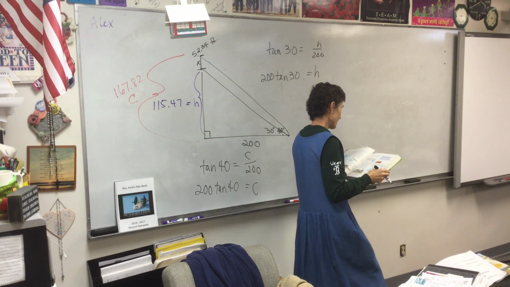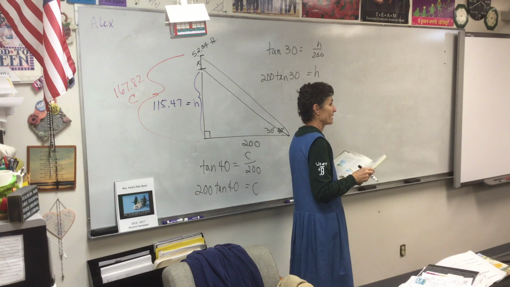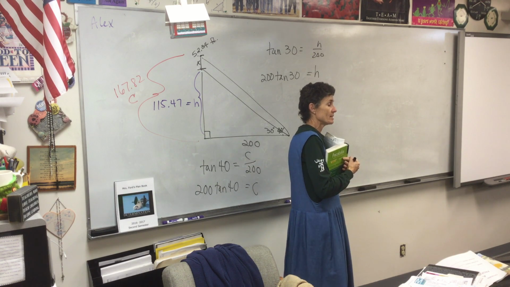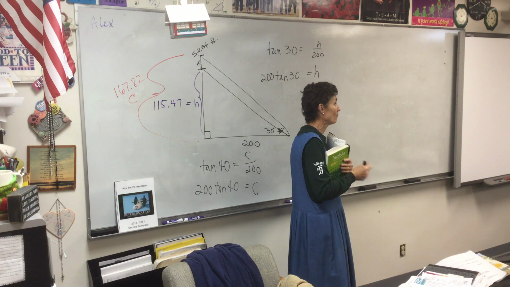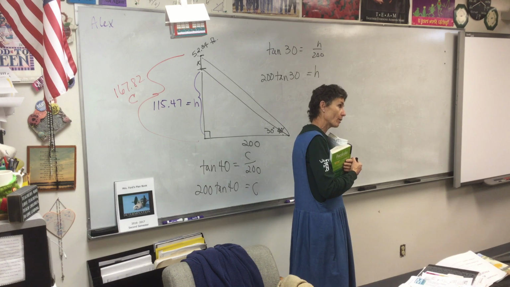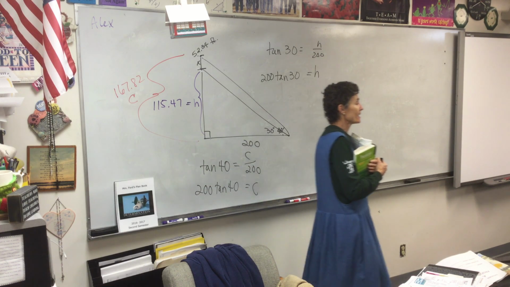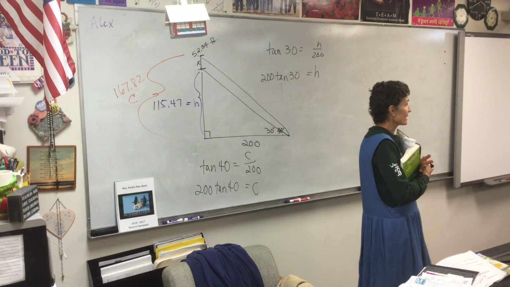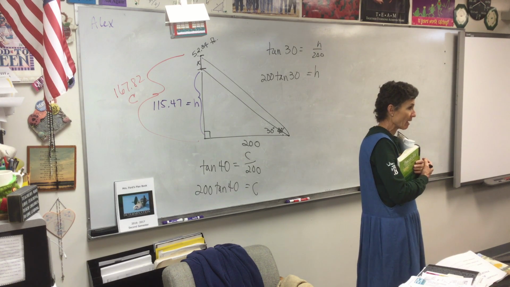The Coast Guard cutter Angelica travels at 30 knots. Okay, a knot, K-N-O-T, you've heard that word before. It is a nautical mile per hour. So when they say a ship is traveling at 30 knots, that's like saying it's going 30 miles an hour.